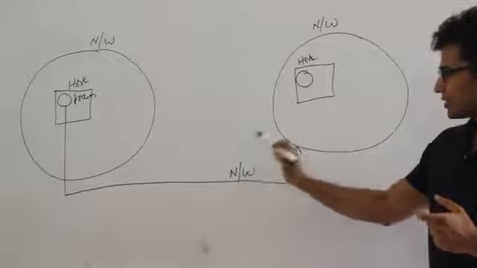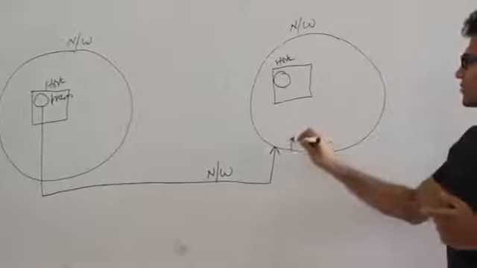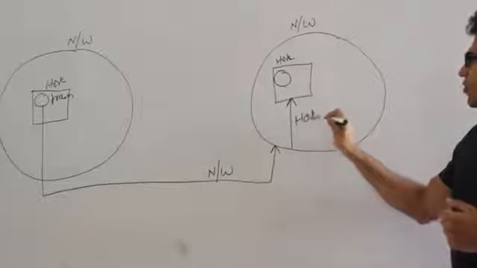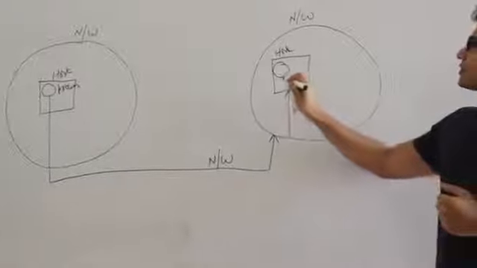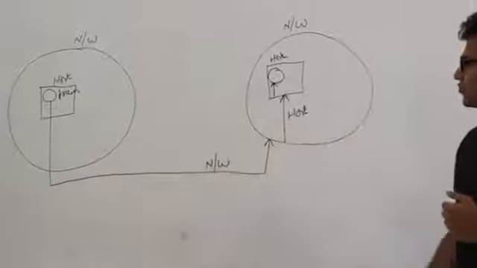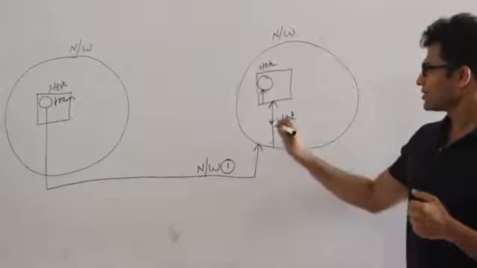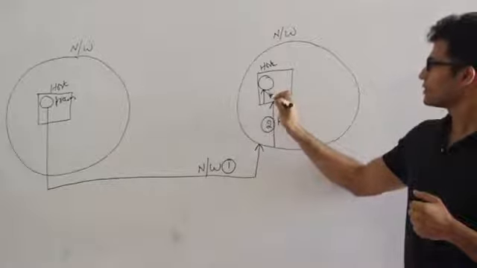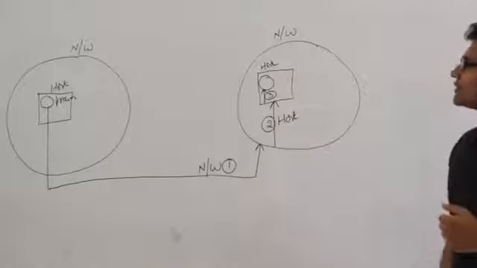After reaching the destination network your request has to reach the destination host within the network, and after reaching the destination host it has to reach the destination process, right? Therefore step 1 is your request has to reach the destination network, step 2 is your request has to reach the destination host, and step 3 is your request has to reach the destination process. There are 3 steps involved in here, right?